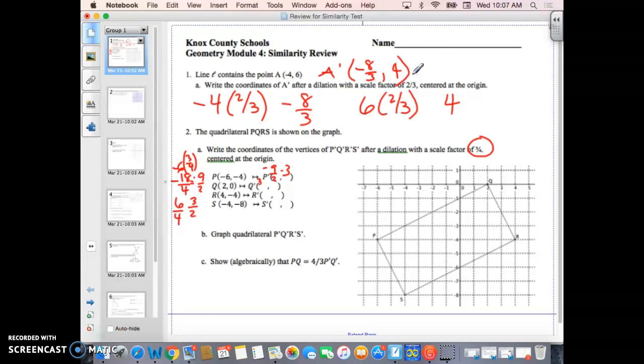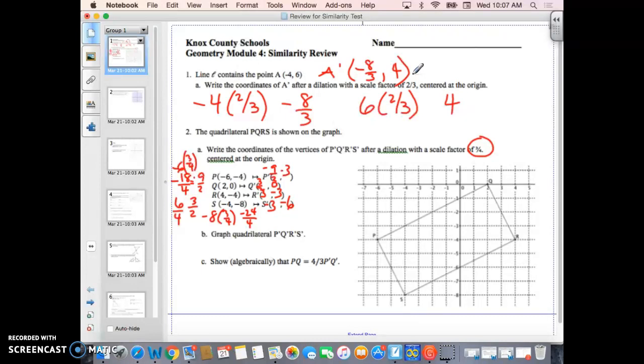So right here we've got 3/2, and that stays at 0. 4 we already did, so this is going to become 3 and -3. And I apologize, this is going to be -3 and -8 times 3/4. 8 times 3 is 24, so that's -24/4, which is -6. So those are my new coordinates, and I can graph them.